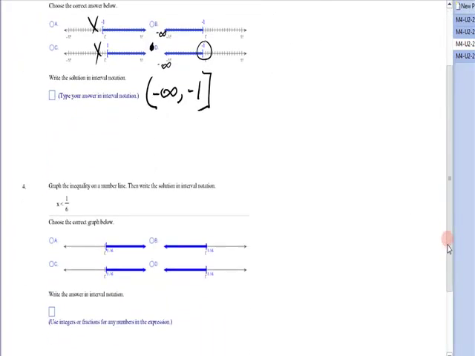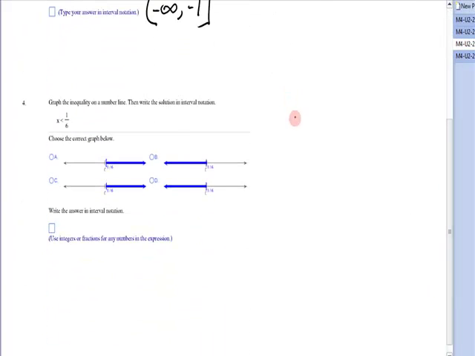Let's look at number 4. X is less than 1/6. Less than means to the left, so it can't be that one and it can't be that one. Less than 1/6 is to the left. Yes, those both are. They're both headed toward negative infinity, and I'm sorry some of my infinities get kind of crazy looking.